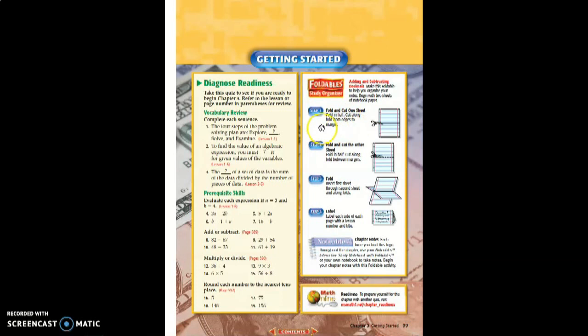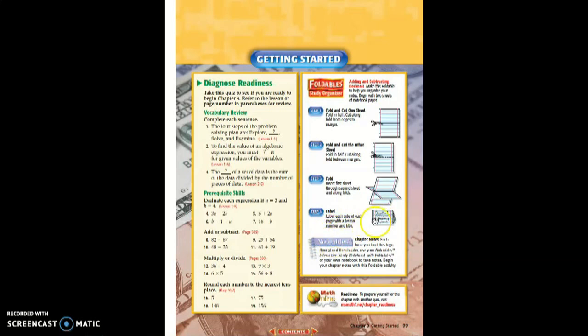Cut along the fold from the edges to the margin. Step 2. Fold and cut the other sheet. Fold in half. Cut along the fold between the margins. Step 3. Insert the first sheet through the second sheet and along the folds. Step 4. Label each side of each page with a lesson number and title.